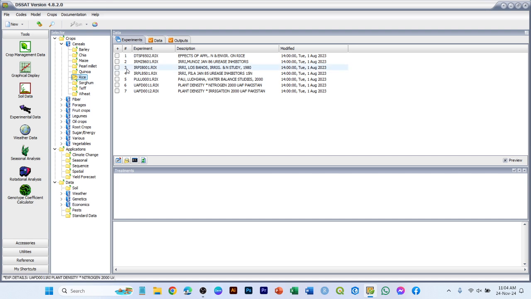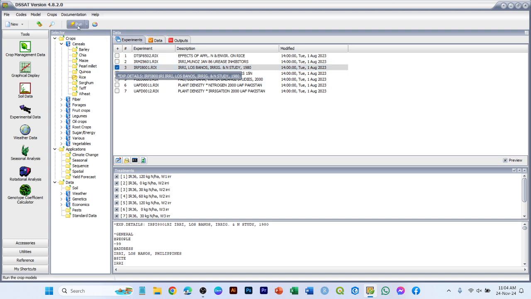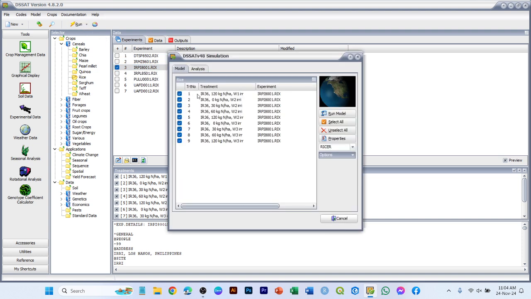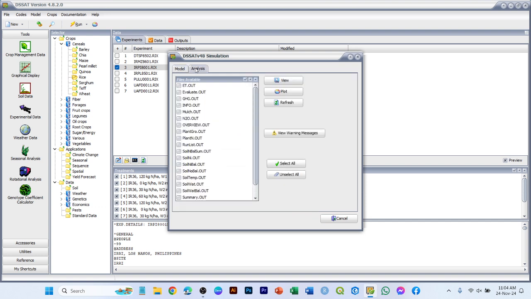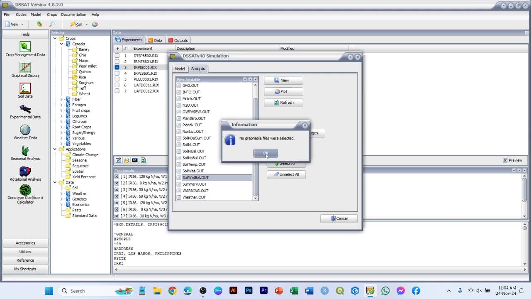Okay, any of the experiments, run it. Then you have to run the model. So analysis, you have to go for the soil nitrogen, soil water might be. Okay, you can view.